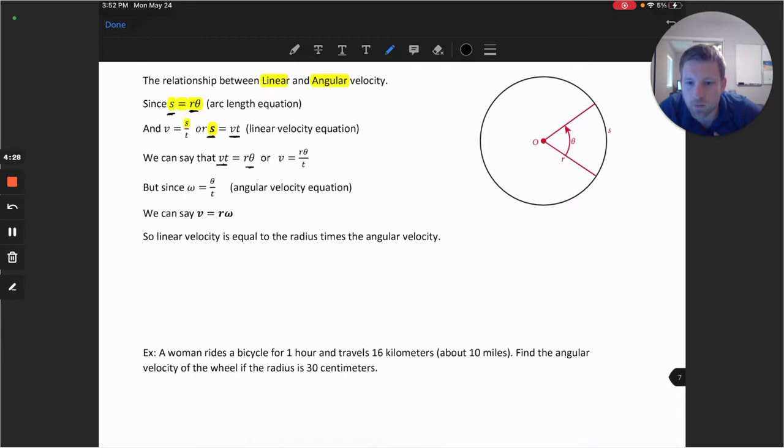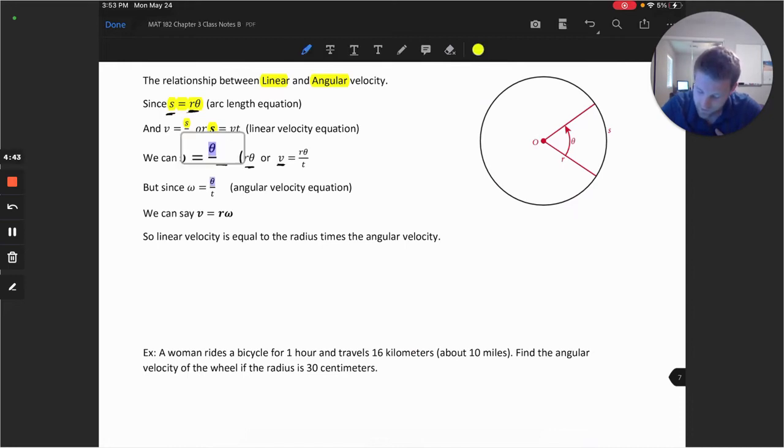And therefore, when we go to solve for v in this equation, we know that v, the linear velocity, is equal to r theta divided by t. But one more connection we can make here is that omega was just theta over t, which we have right there in our velocity equation.